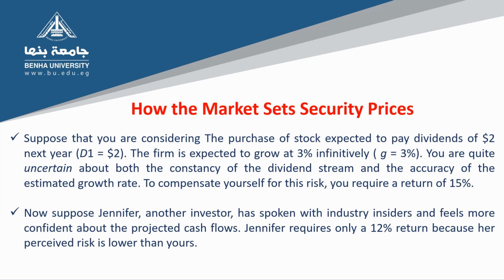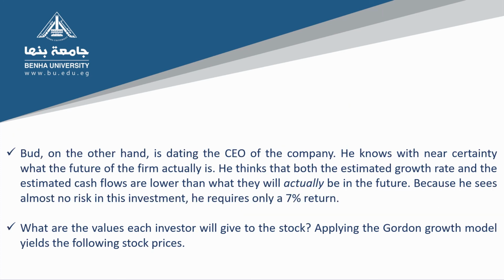Now, suppose Jennifer, another investor, had spoken with industry insiders and feels more confident about the projected cash flows. Jennifer requires only a 12% return because her perceived risk is lower than yours. But on the other hand, Bud is dating the CEO of the company.